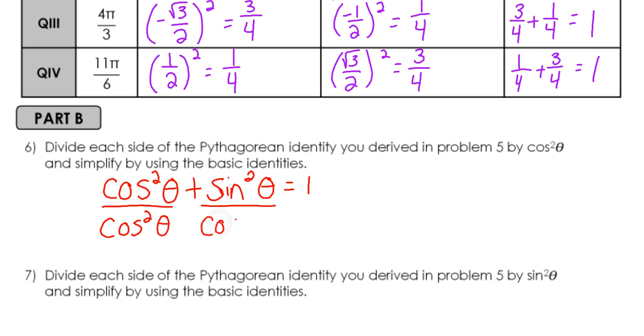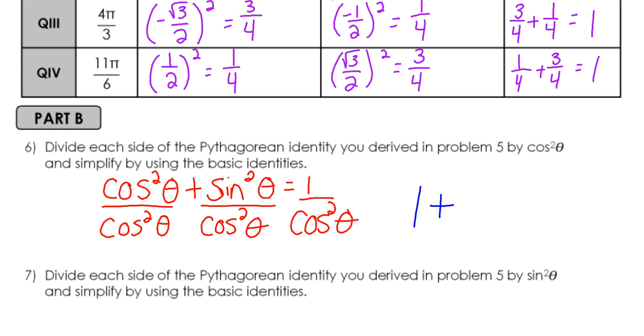So dividing on each side, we're going to use some things that we already know, and some identities that we talked about earlier. To start with, cosine squared divided by cosine squared: anything divided by itself is 1. So that part simplifies to 1.